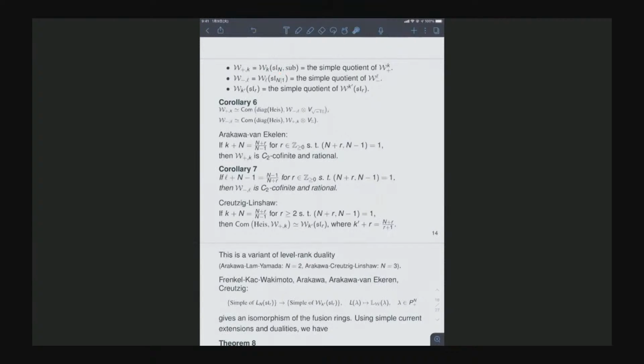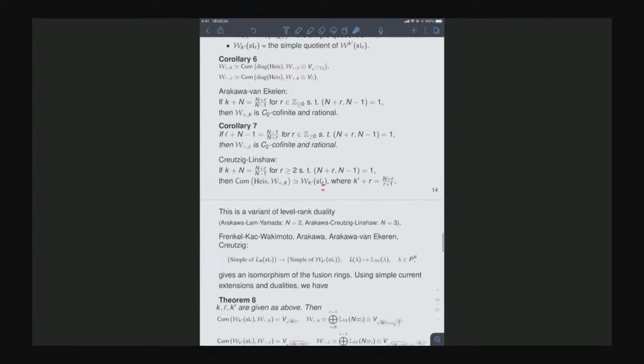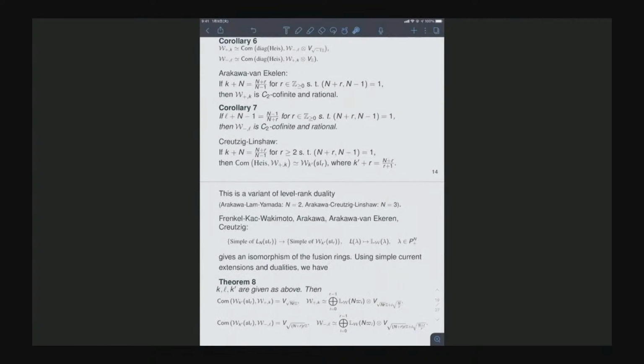But now this isomorphism gives the principal W-algebra of sl_r. r is appearing in the condition of level. So this gives a variant of level-rank duality. So the n=2 case is known by Lam-Yamada. The n=3 case is by Creutzig-Genra-Nakatsuka, but we now have a general result.